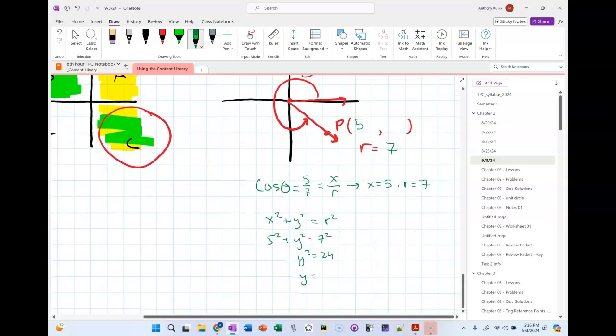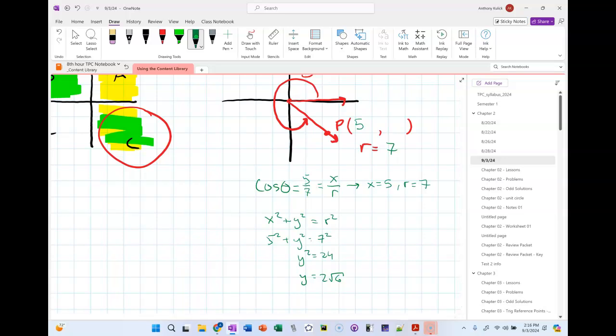And if I square root both sides and I reduce my radical, the square root of 24 reduces to 2 root 6. If you can't do that in your head, don't feel bad. The square root of 24 is 4 times 6. The square root of 4 is 2, so there's the 2 root 6.